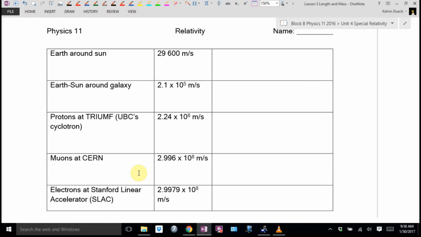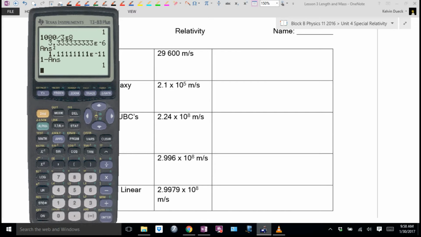So let's try plugging in 29,600 divided by 3 times 10 to the 8th. I get 9.866 and so on, times 10 to the -5, squared. 1 minus that.